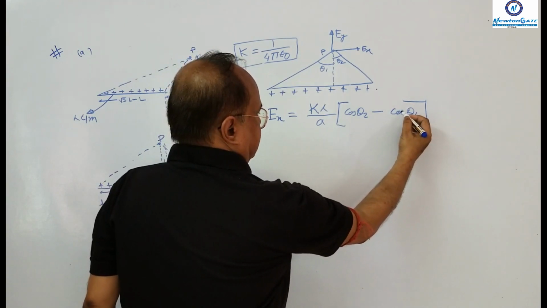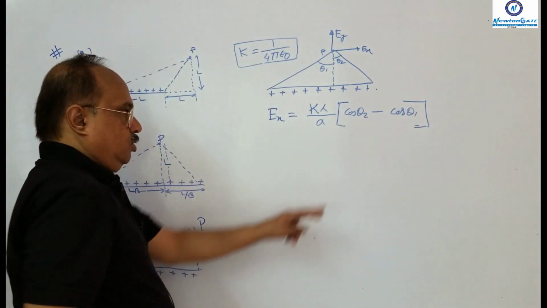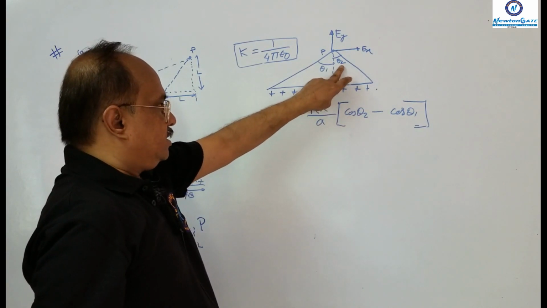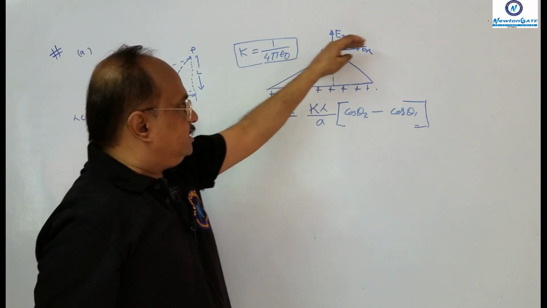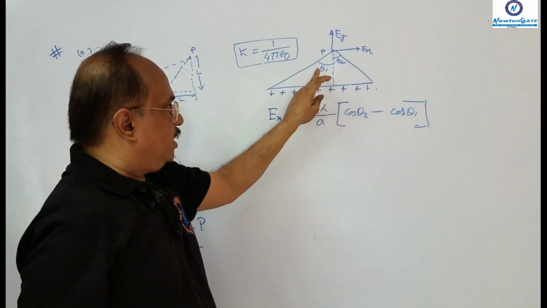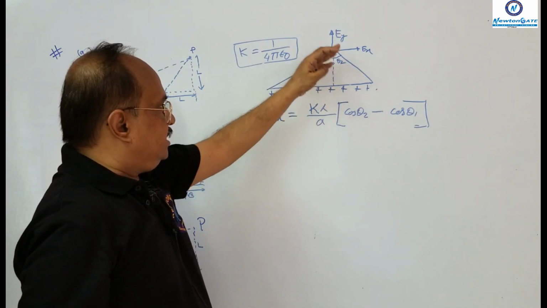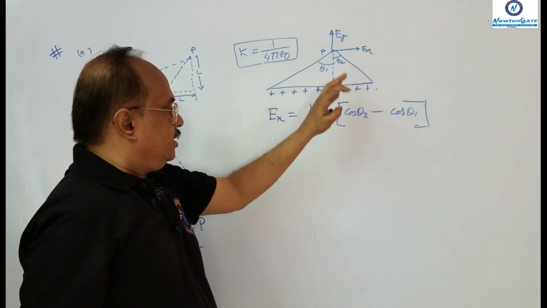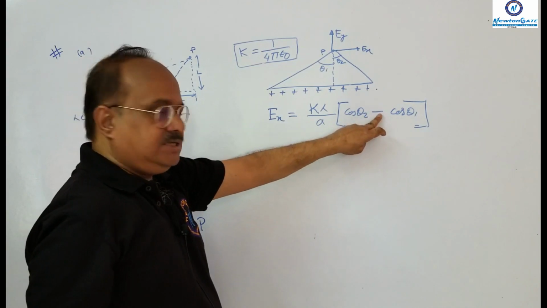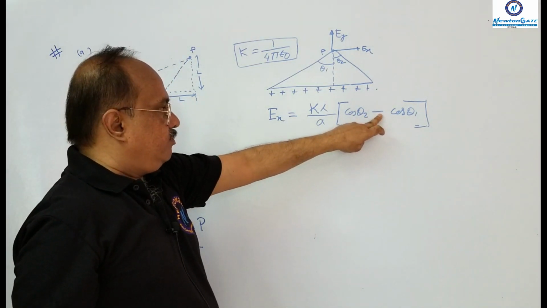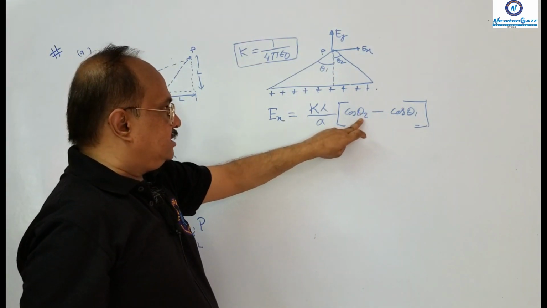This is 100% correct. Cos theta 2 is on the side toward which Ex is directed, and theta 1 is the side toward which Ex is not directed. Please remember it because of the minus sign. It is very important to remember which angle you take as theta 2.